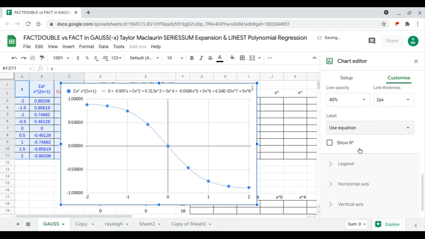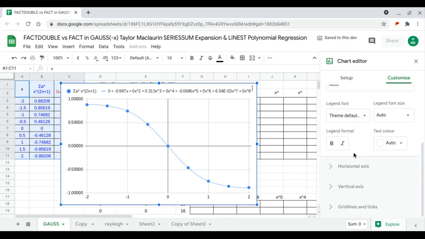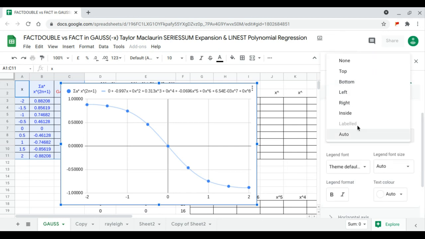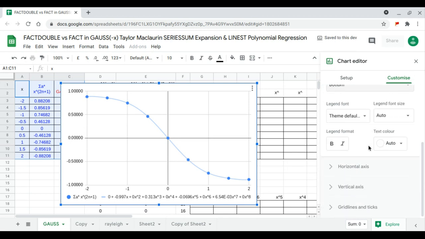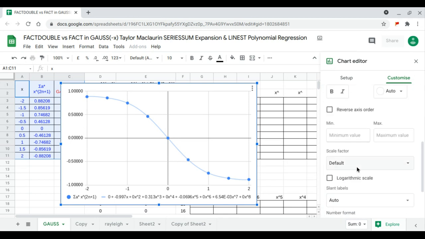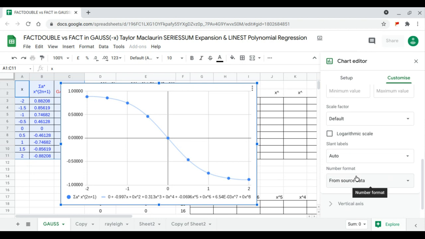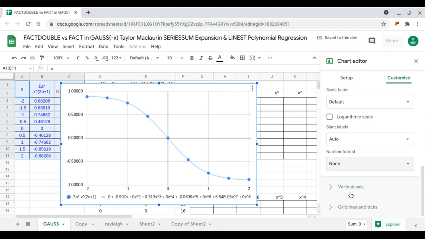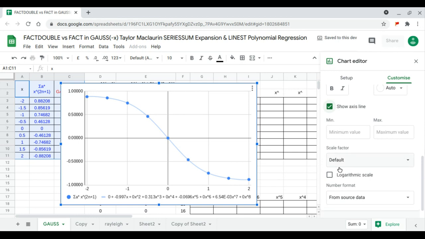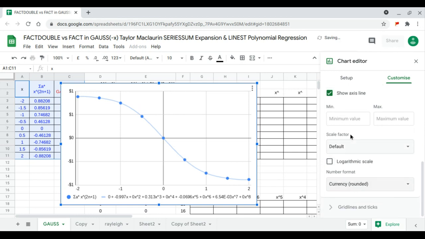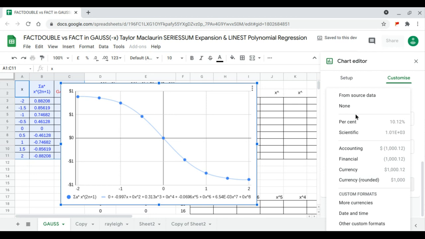Use the equation as label. For the legend, position at the bottom. And horizontal axis, the number format, none. For the vertical axis, show the axis line. That's the axis line. And the number format, none.